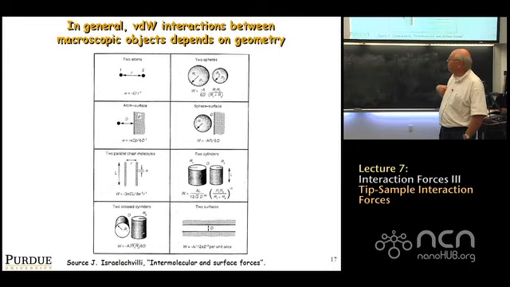In this lecture I covered the atom-surface interaction, and I talked about the sphere-surface interaction. Those were the two that I went through. I also did the plane-plane interaction, which is the last entry in this table.